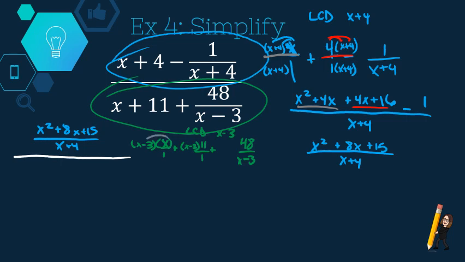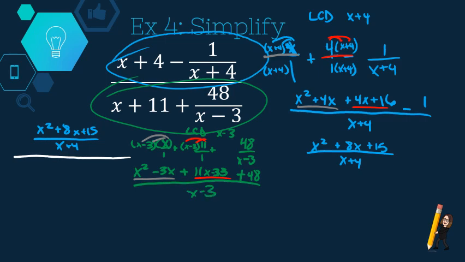So again, I need to distribute, which gets me to x squared minus 3x, plus I need to distribute that 11, which gets me to 11x minus 33. And I've got a plus 48. It already has that LCD of x minus 3.